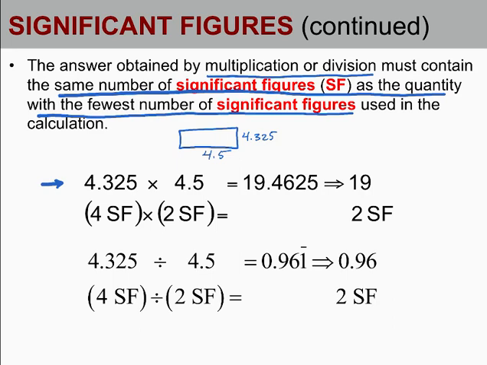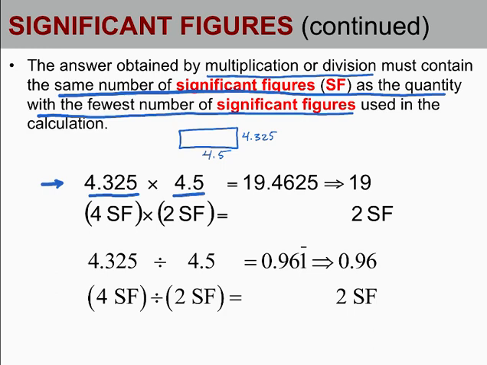Now, in the first value, we are pretty certain about the length of that side. We measured it to be 4.325. So that's pretty detailed. But then our other value is only 4.5. So we're not too certain of that value. And our answer has to reflect the certainty of our measurements.